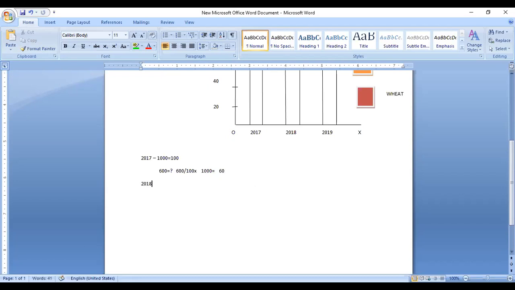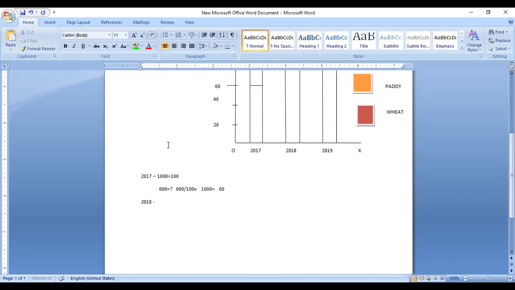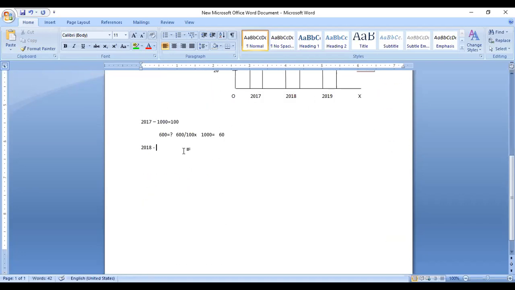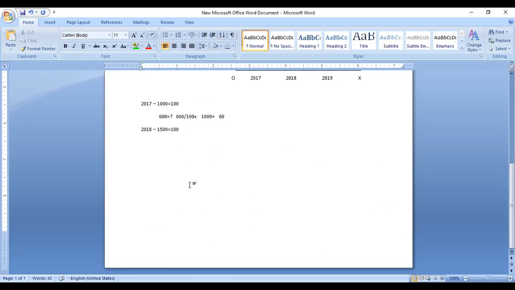In 2018, total production is equal to 1500. 1500 is equal to 100. Then we want the paddy production. The paddy production is 700. 700 is equal to how much?